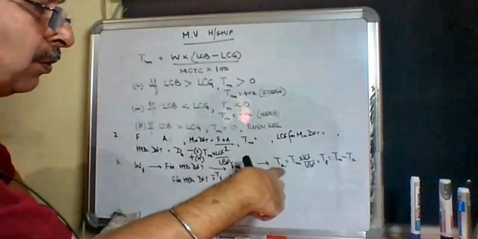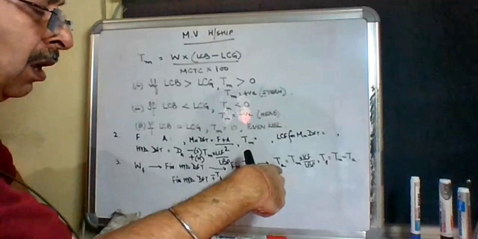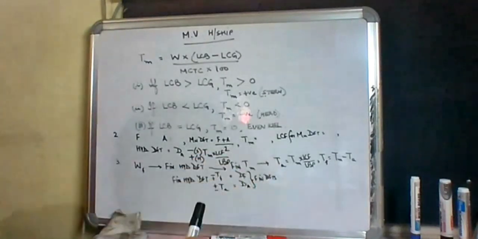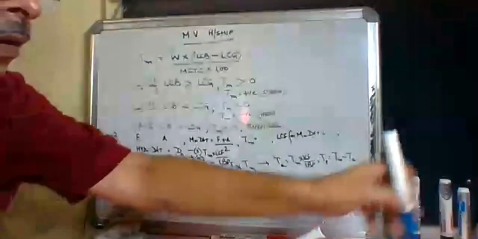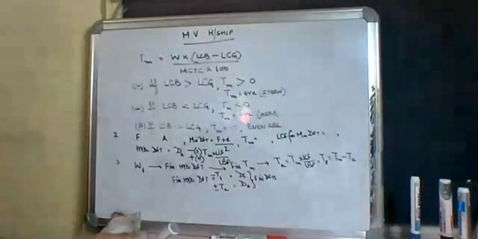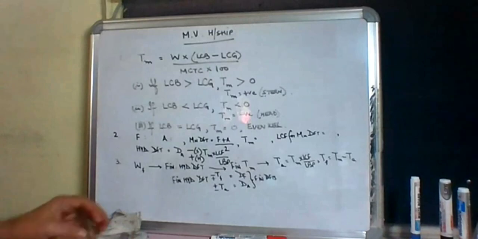Using this final trim, you will now calculate the TA, the change in trim aft. Yes, any doubts in this MV Hinship?